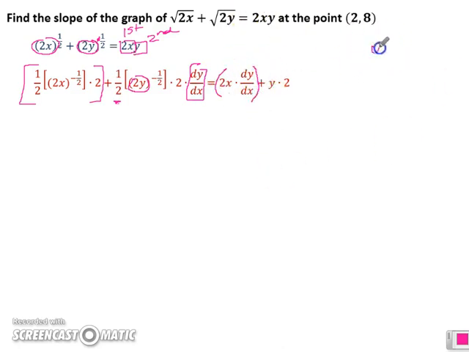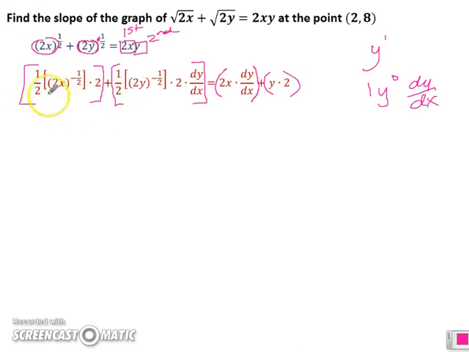And the derivative of y to the first power is just going to be 1 times dy/dx. So the first times the derivative of the second, plus the second times the derivative of the first. So very messy, but this is the derivative of that expression.